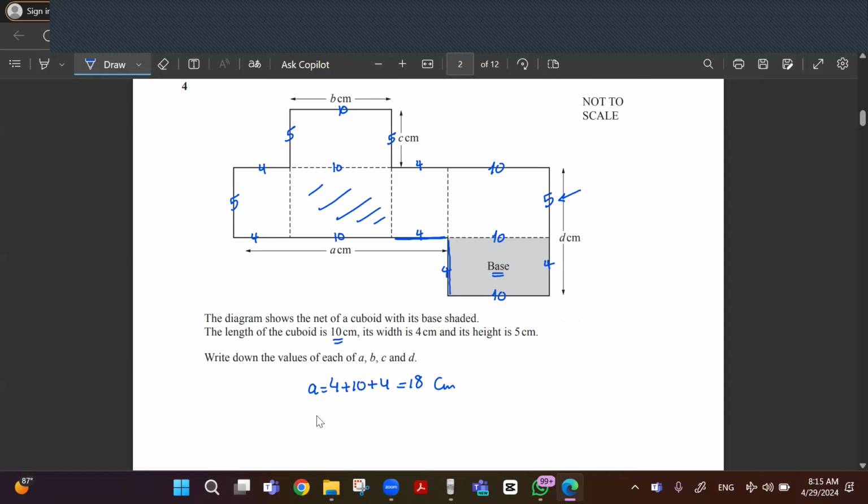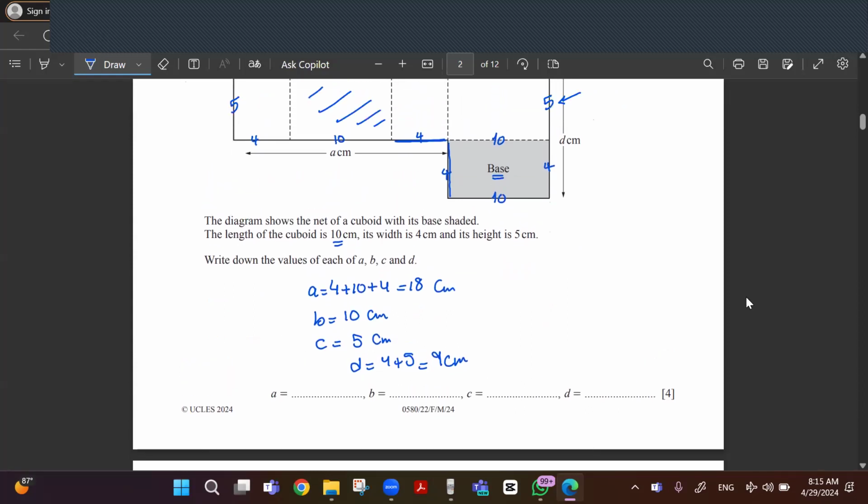For B, I can find B equals 10 centimeters. Then for C, 5 centimeters. For D, I have 4 plus 5, so equals 9 centimeters. So whenever I'm going to write them here, I'm going to write 18, then 10, then 4, then 9.